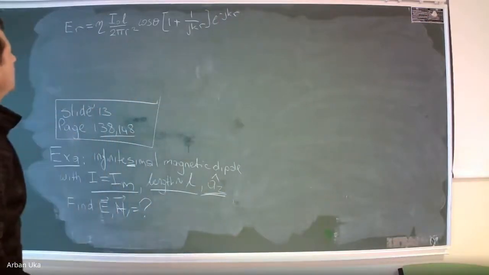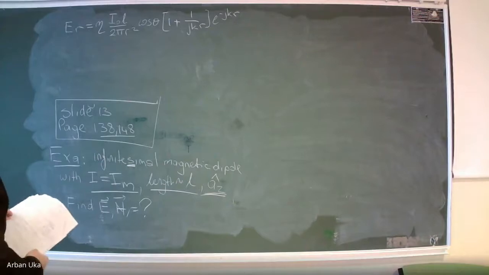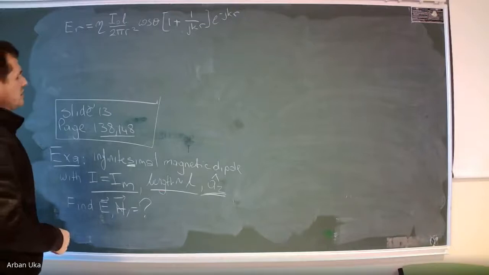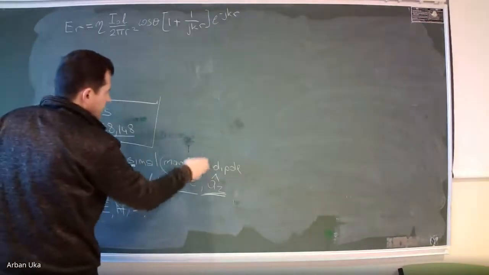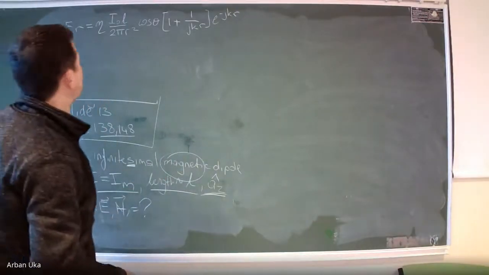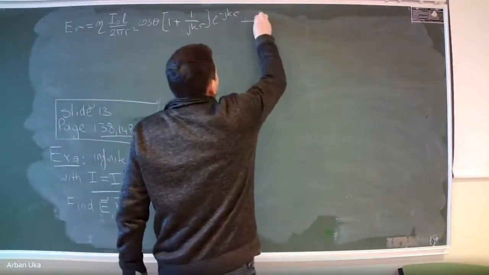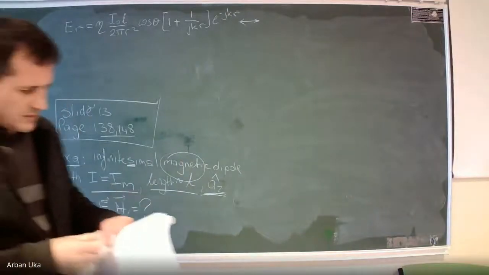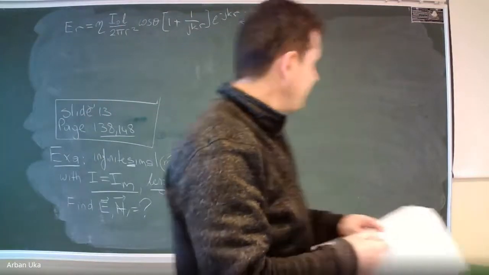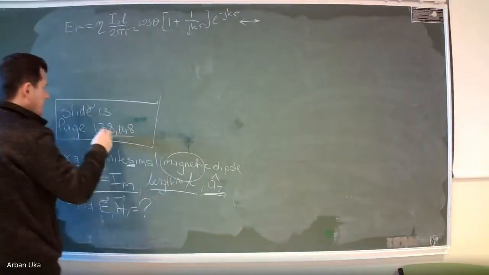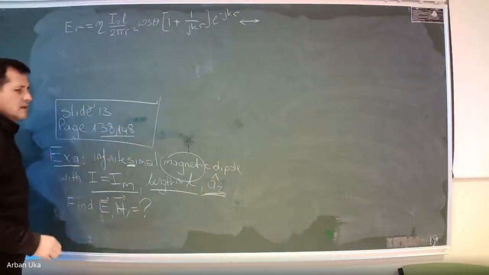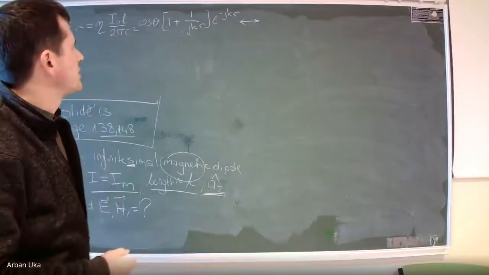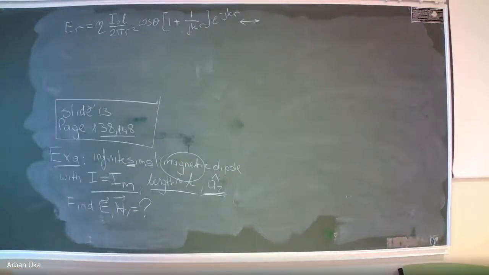So this is ER, but this is for the electric dipole antenna. Now we are asking about the magnetic one. Now for the magnetic dipole moment, actually there is a wonderful table in a textbook where you can see a direct equivalence between the two sets of equations, or which quantities you need to interchange.